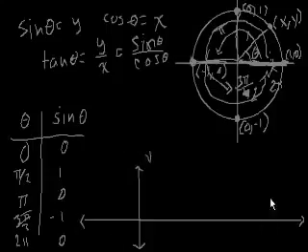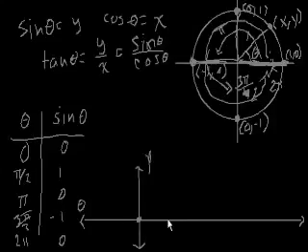But in this case, instead of saying that's the x-axis, let's call that the theta axis, because we defined theta as the input, or our domain is in terms of theta. So this is the theta axis. And now we're going to graph sine of theta. So when theta equals 0, sine of theta is equal to 0. So that's this point right here, 0, 0.